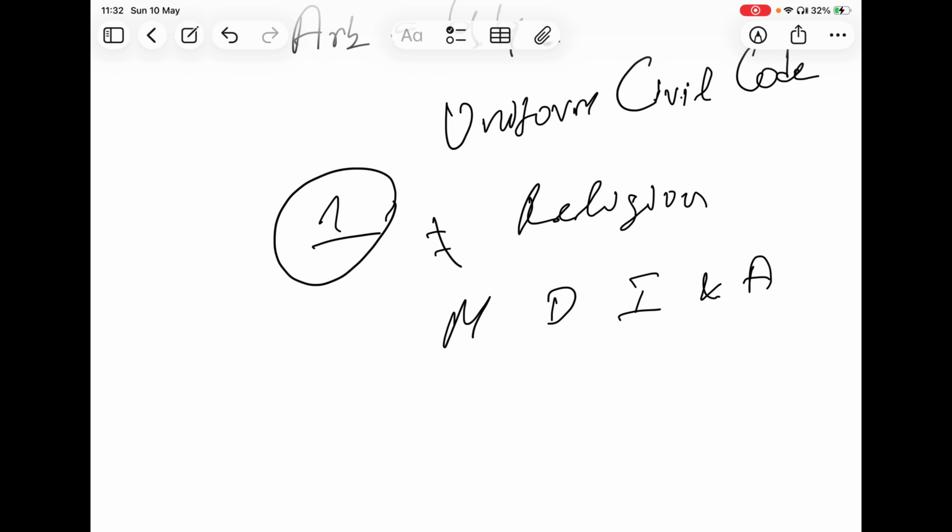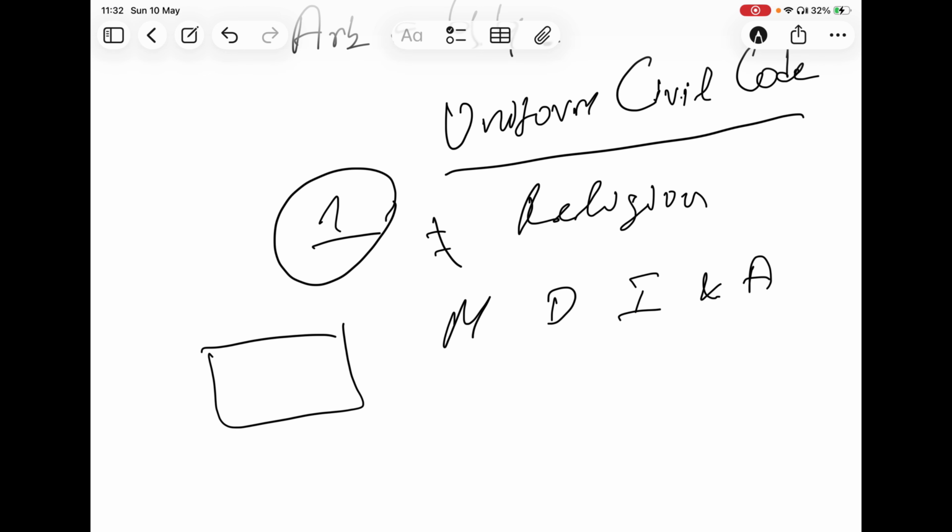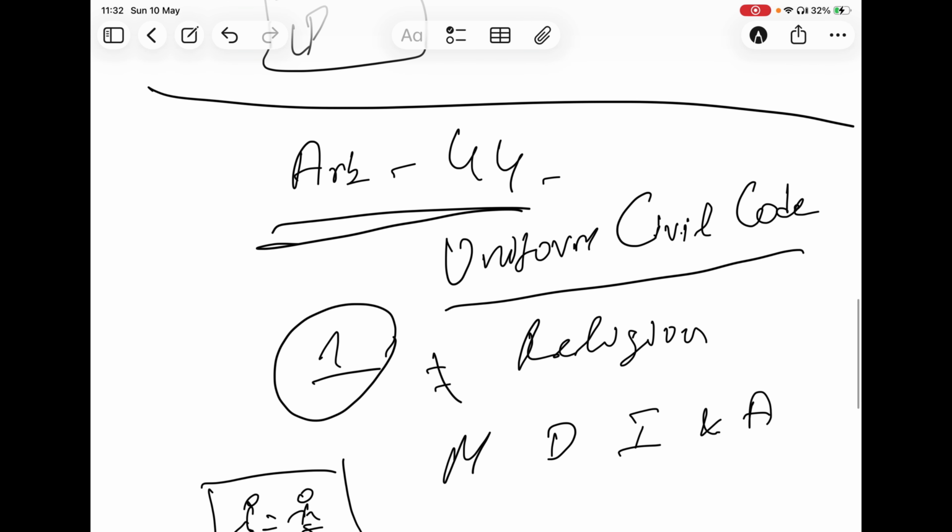For example, today different religions follow different personal laws. But under Uniform Civil Code, one common law may apply equally to everyone in civil matters. So all are equal here. This is the basic idea of Article 44.